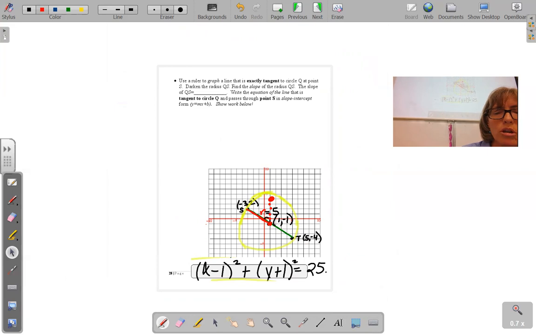Down 5: 1, 2, 3, 4, 5. Left 5, right 5. There we go. You want to round your circle out, and now it's a little better.